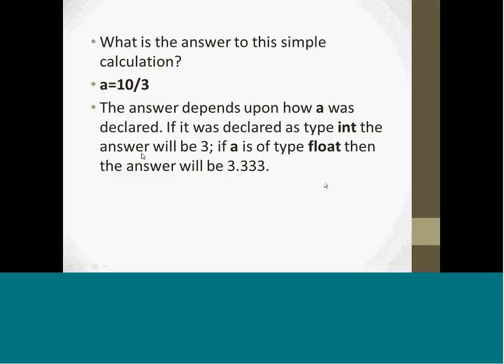What is the answer for this calculation? A equals 10 divided by 3. Well, it actually depends on how A is declared. If A was declared as an integer, it would be 3. And if A is a floating point number, the answer would be 3.33.